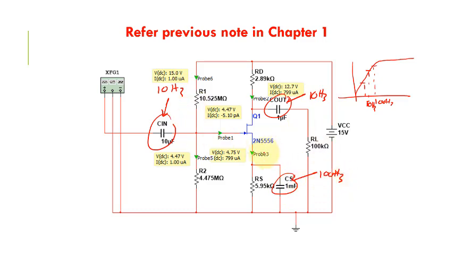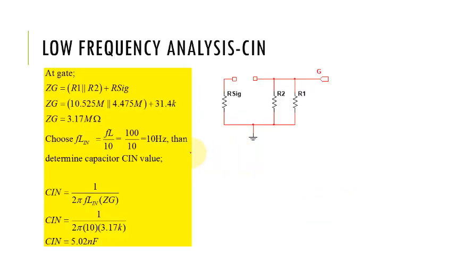Okay, so at the gate, this is the formula to determine the value of the capacitor at the input. We need to know the low cutoff frequency. So we just divide our effective frequency of 100 Hz by 10, and we need to determine the value of the input impedance at the gate.